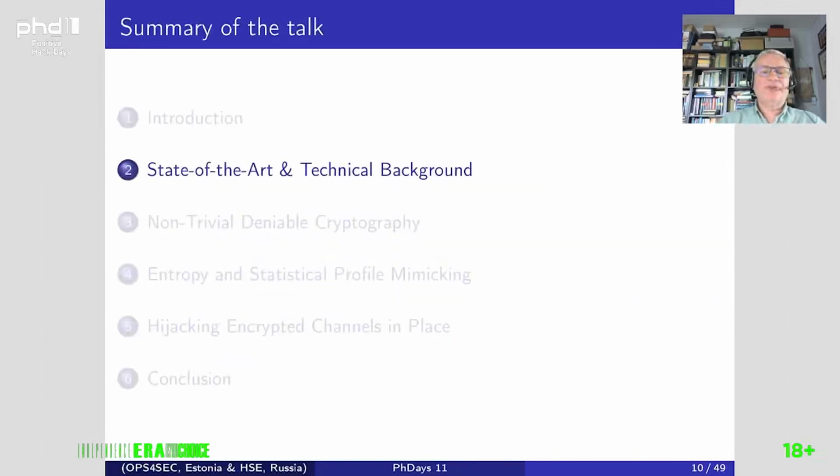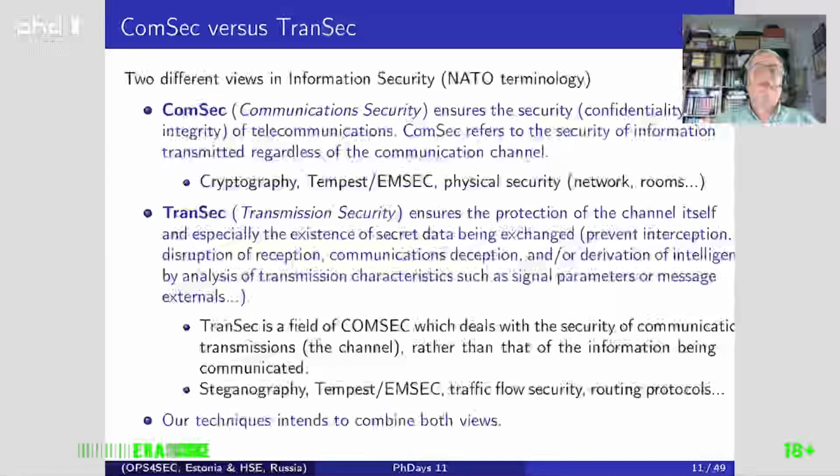So first, let us present the state of the art and the technical background. I mean, what are the already known exfiltration techniques. In fact, whenever you consider communication, I mean data exfiltration, you have to consider two aspects. And I will take here the most used terminology from NATO.